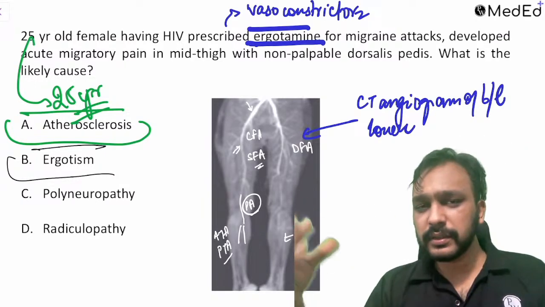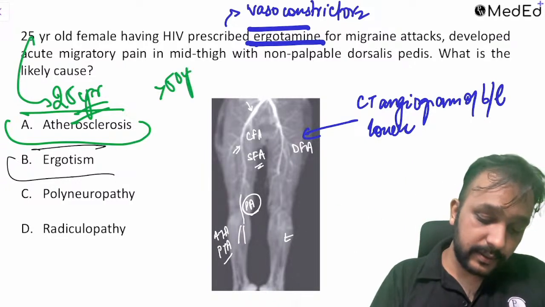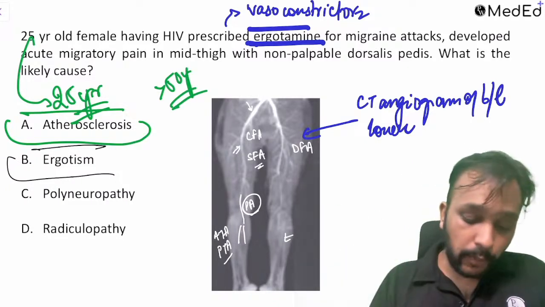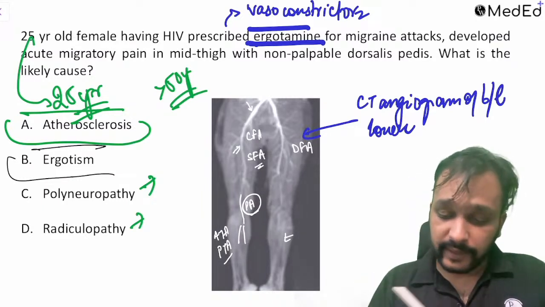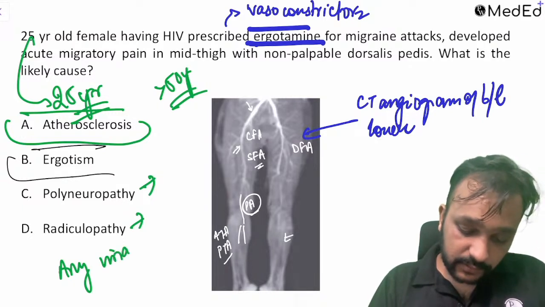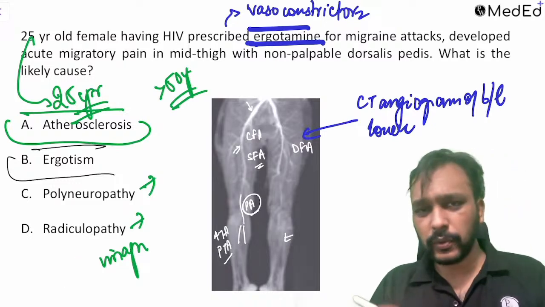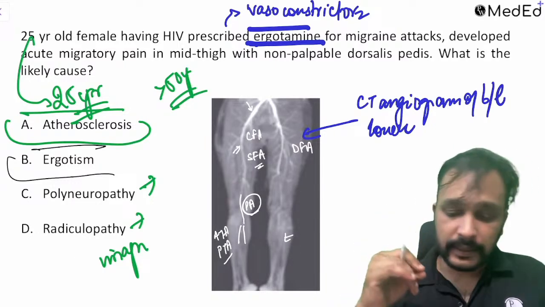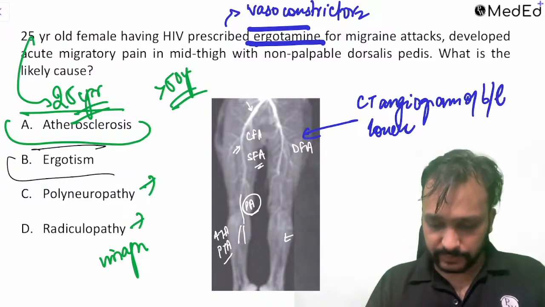So atherosclerosis is going to happen in patients more than 50 years of age, right? Polyneuropathy and radiculopathy are not going to have any imaging features. No imaging features will be seen on CT angiogram image. Okay, the vessels will be completely fine in any disorder that is going to involve your nerves.